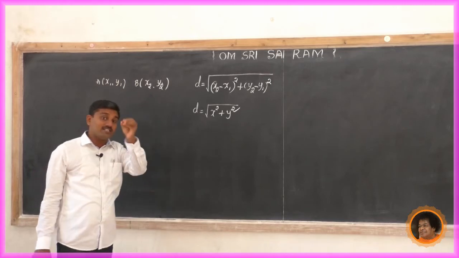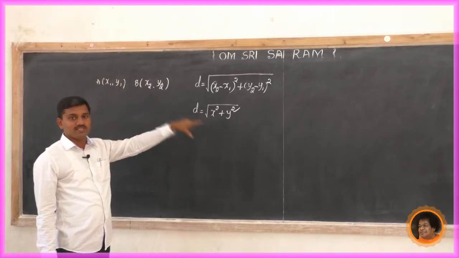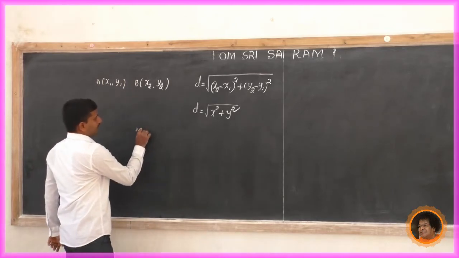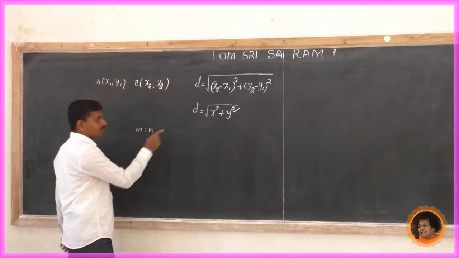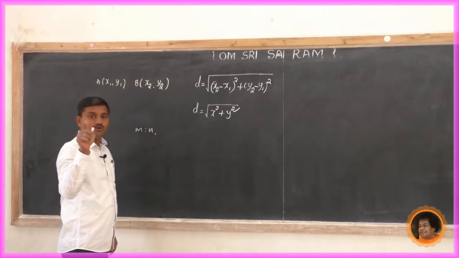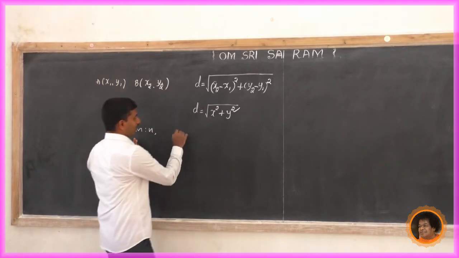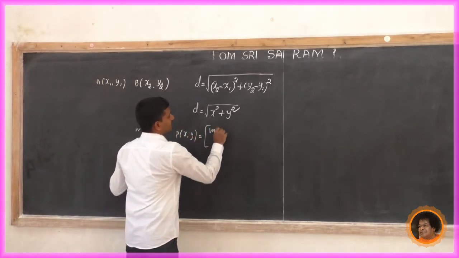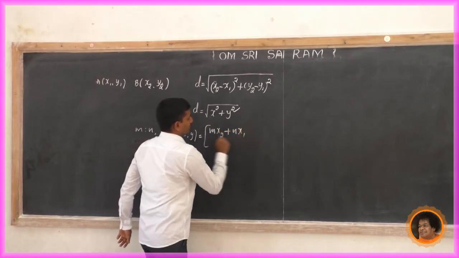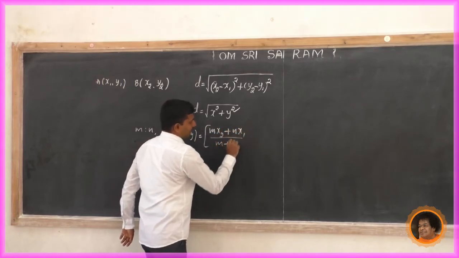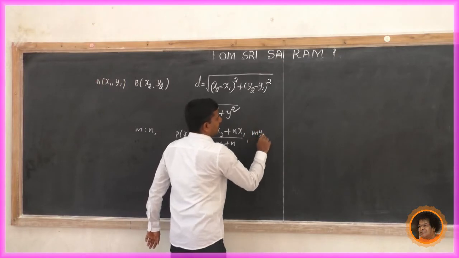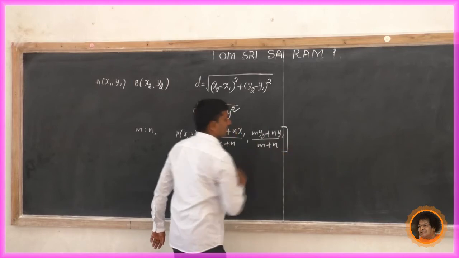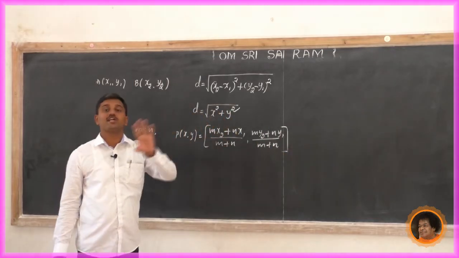The coordinates of the point P, x comma y, which divides AB in the ratio m is to n, are (mx2 plus nx1) divided by (m plus n), comma (my2 plus ny1) divided by (m plus n). This formula is known as the section formula.